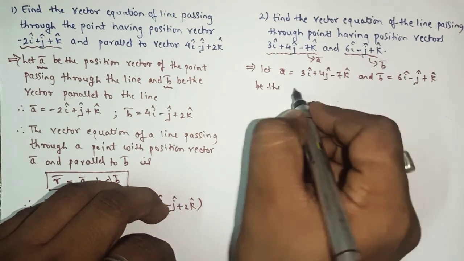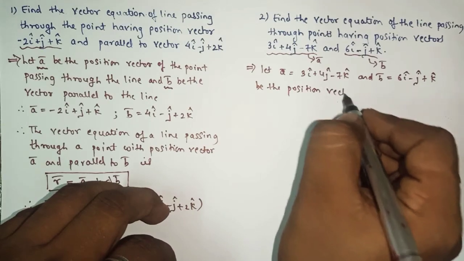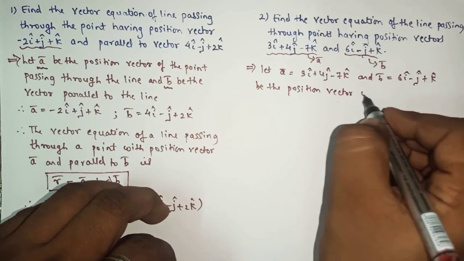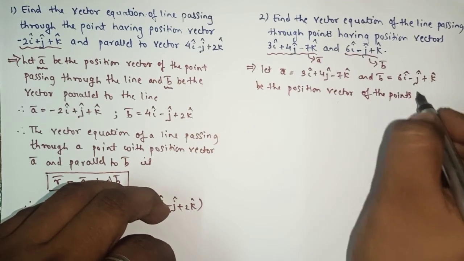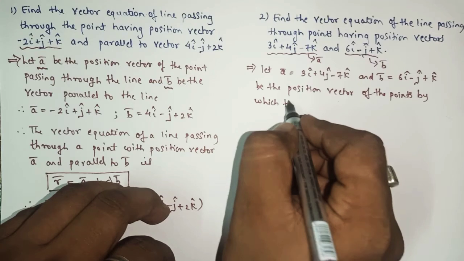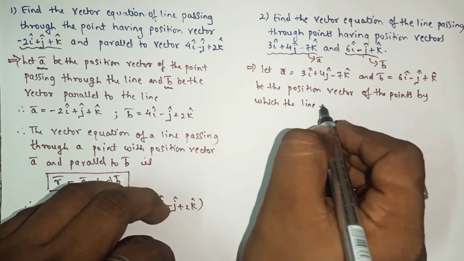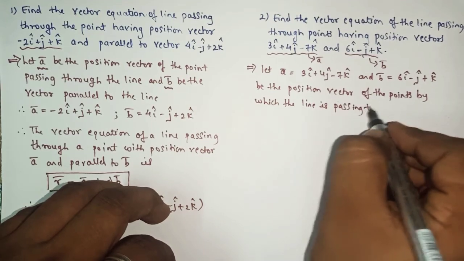be the position vector of the points through which the line is passing.